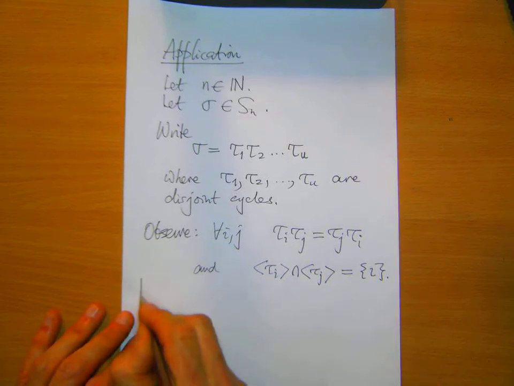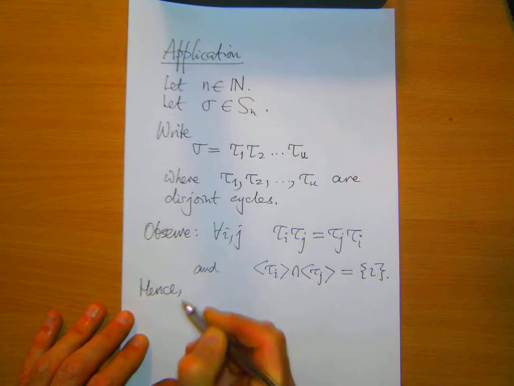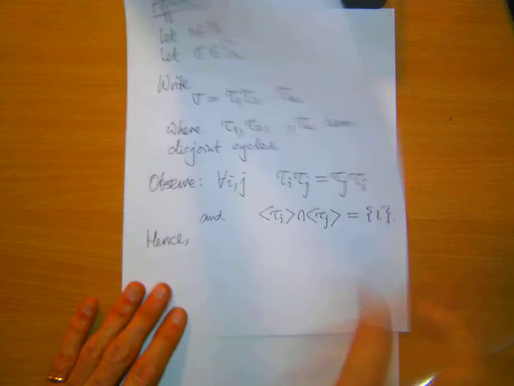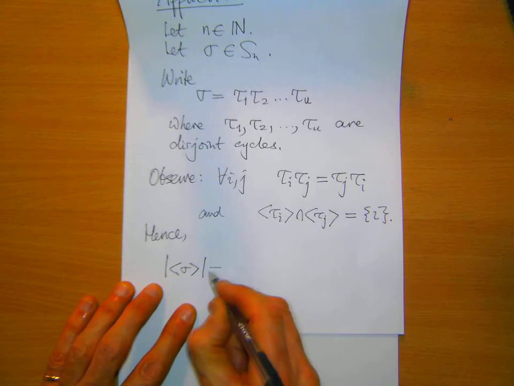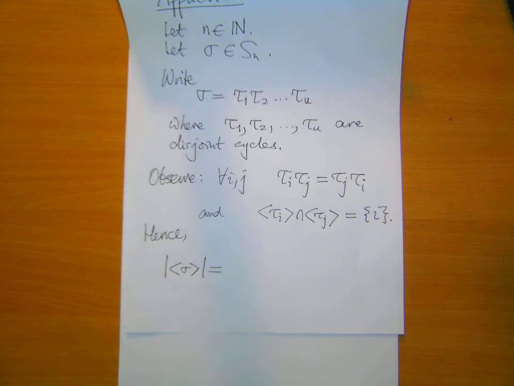So what we can deduce then is that the order of sigma, and this is a really important result, well, it's important in that it saves you a lot of work. I think one or two of you in the tutorials yesterday had computed some of these orders just by doing it longhand by computing powers, which is fine, but this is a lot quicker.